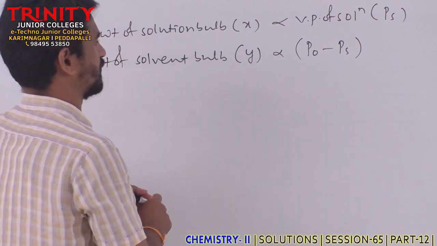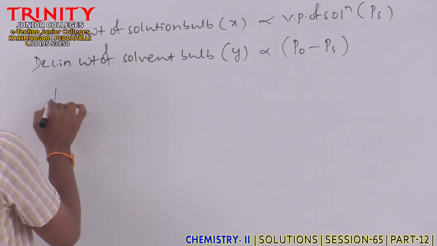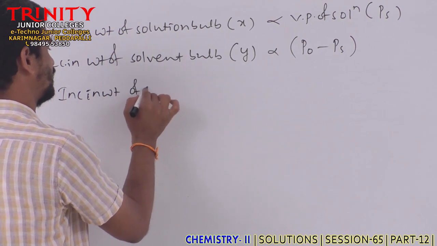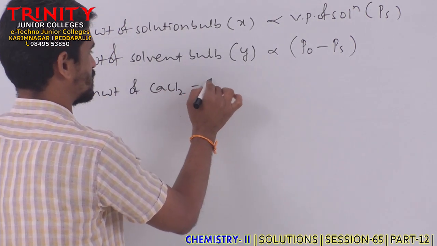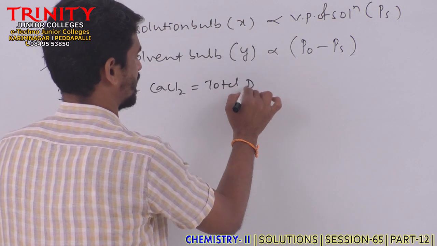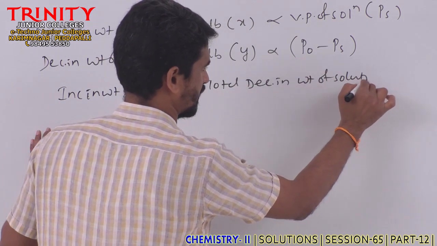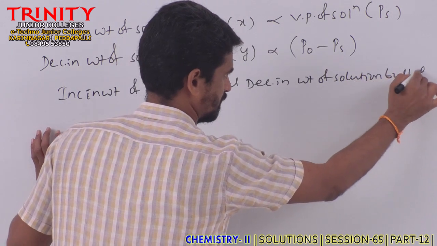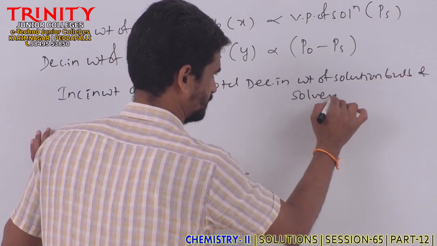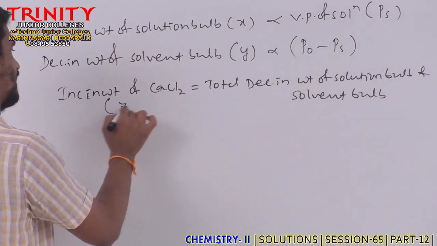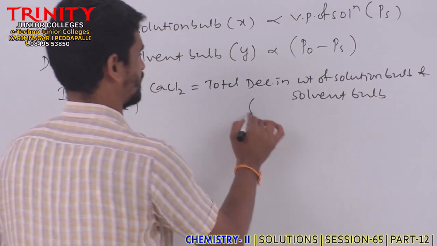Next, from this we can say the increase in weight of calcium chloride equals the total decrease in weight of solution bulb and solvent bulb. This I am indicating with Z. So Z is equal to what, sir?